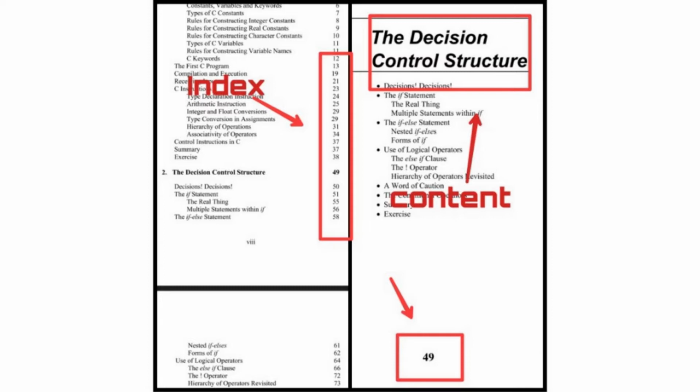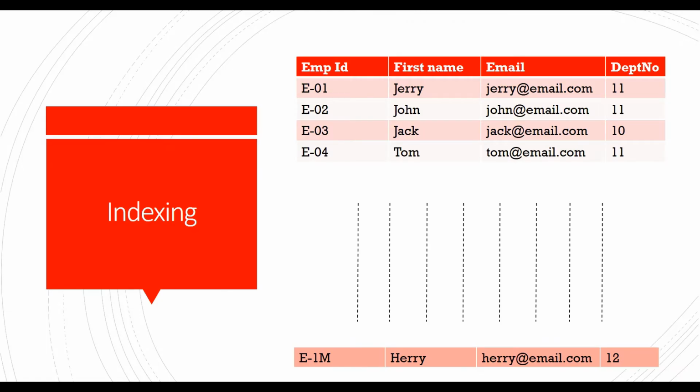You just jump to the index page and find the corresponding page number. In the same way we create an index, suppose employee ID here, and if I want the data related to employee number 4, I just use employee number 4 as a label to fetch the entire information related to it. This will become more clear once we jump to the implementation.